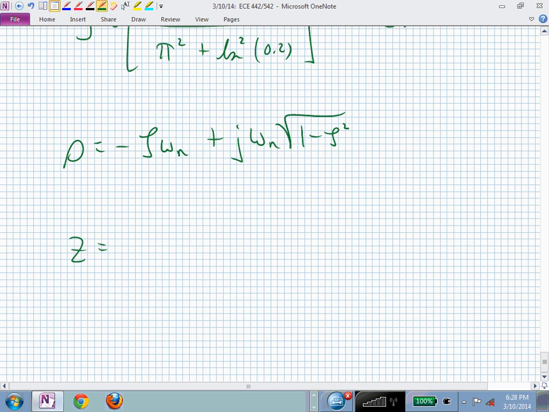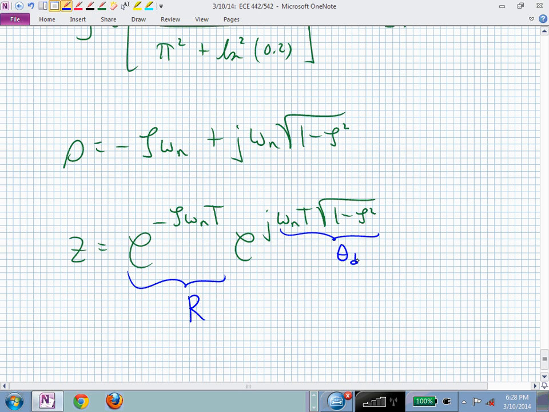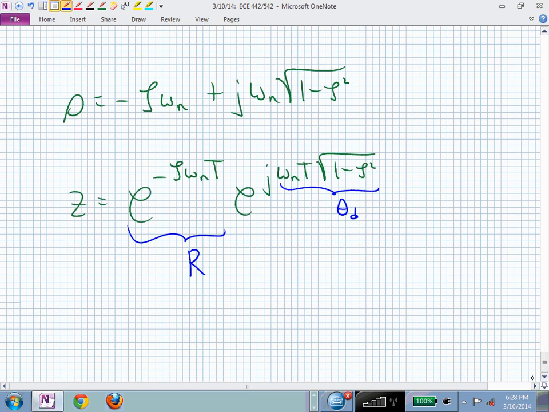Z is equal to e to the sT. Here's our R value, and this is our theta sub d, which is omega sub d times T.